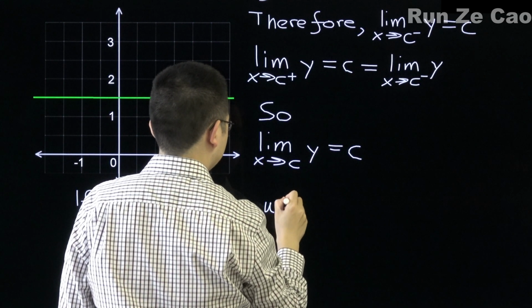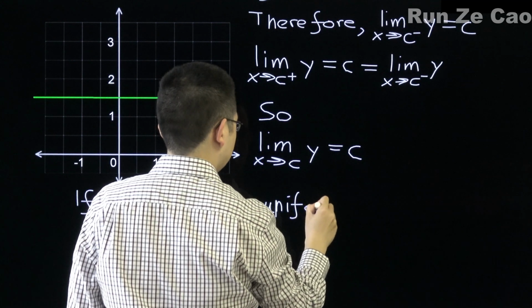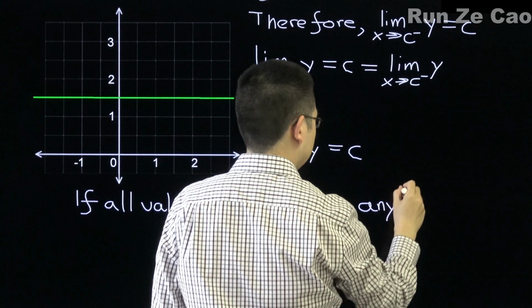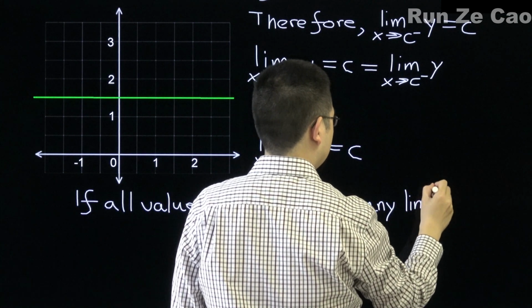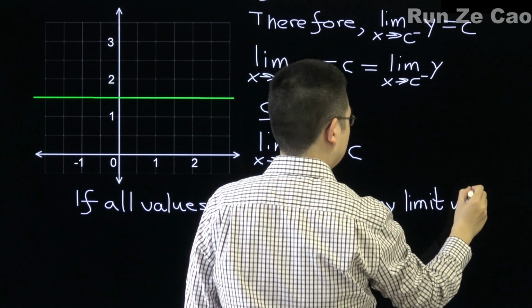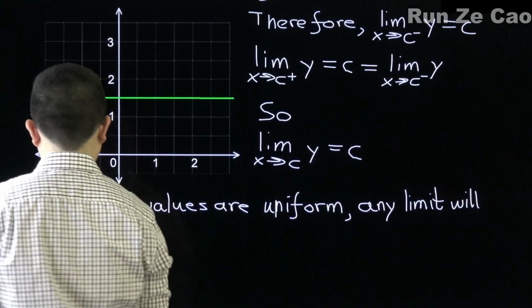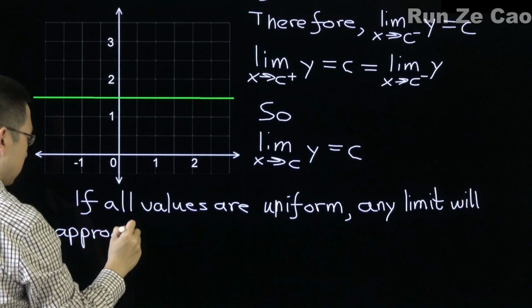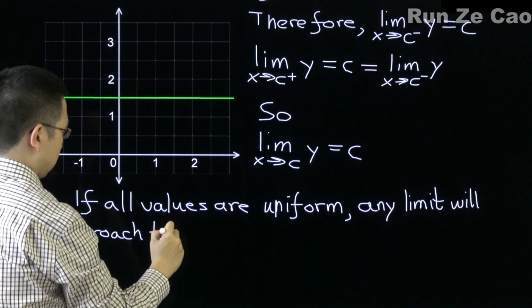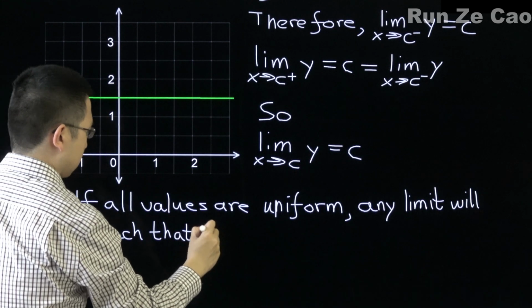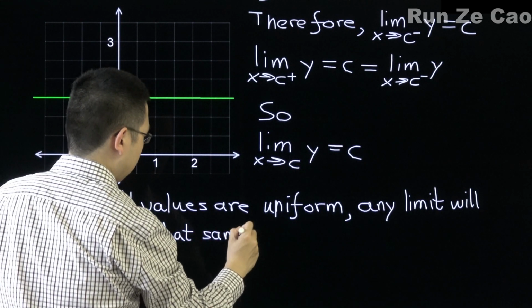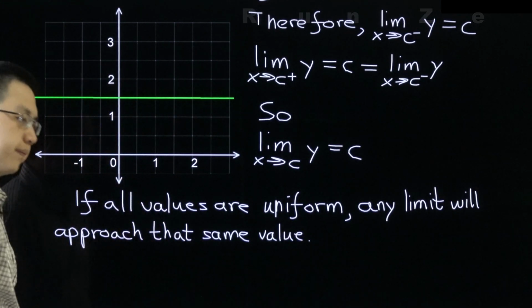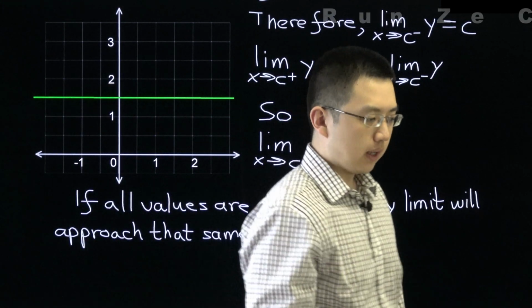If all values are uniform, any limit will approach that same value.